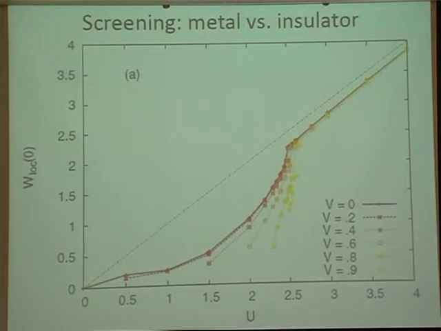No, because you asked already the right question before. Okay, so in the large U regime, we are in the Mott insulating phase, right? So there's not much screening, and so if there was no screening, you would be on this line, right? We are close to this line here. Then we go into the metal, and suddenly in the metal, screening is much better. So we decrease.